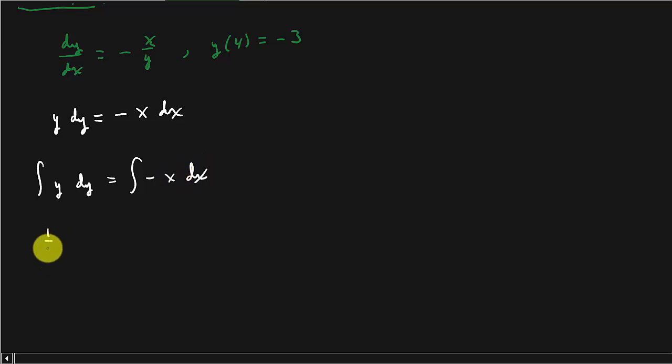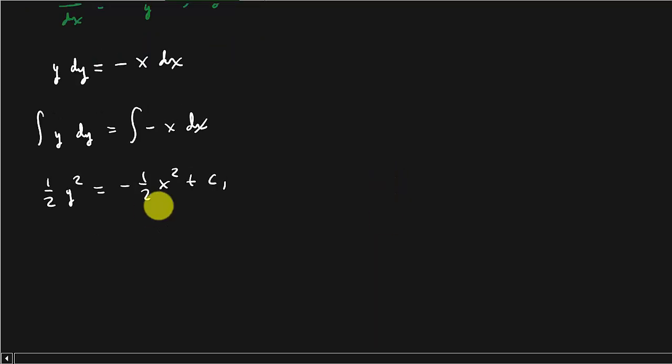And so this is going to give us 1/2 y squared equals negative 1/2 x squared plus c1. And so if I move the minus 1/2 x squared to this side, that's going to give me 1/2 x squared plus 1/2 y squared equals c1.